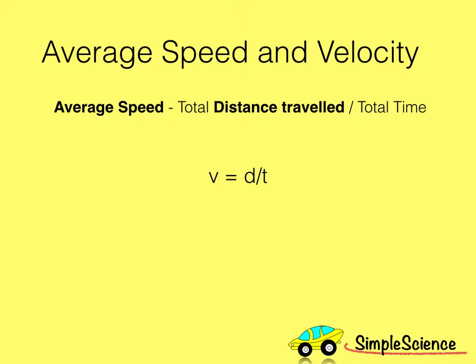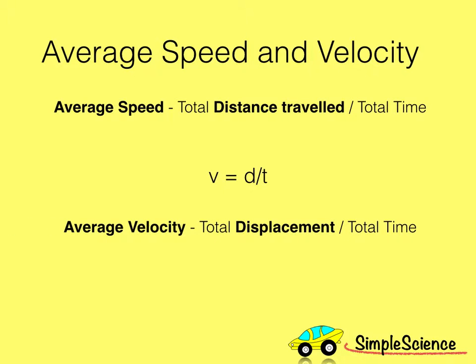Regular v is known as speed, whereas velocity is the total displacement over the total time. We symbolize this as v with the arrow on top, v bar, whatever you like to call it, and it is s over t, where s stands for displacement.